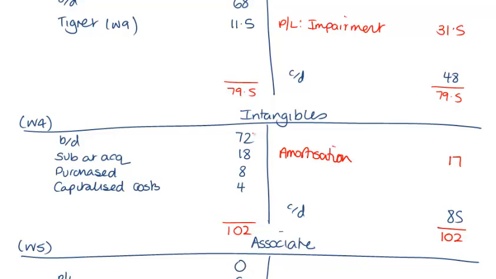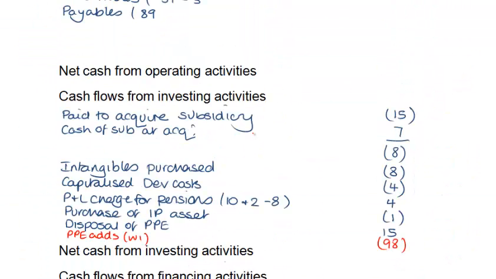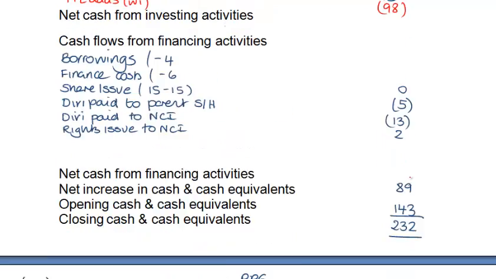It needs to be added back in our statement of cash flows. Rapidly running out of space. It should be up here. I'm actually going to stick it a little bit further down. Amortization 17.